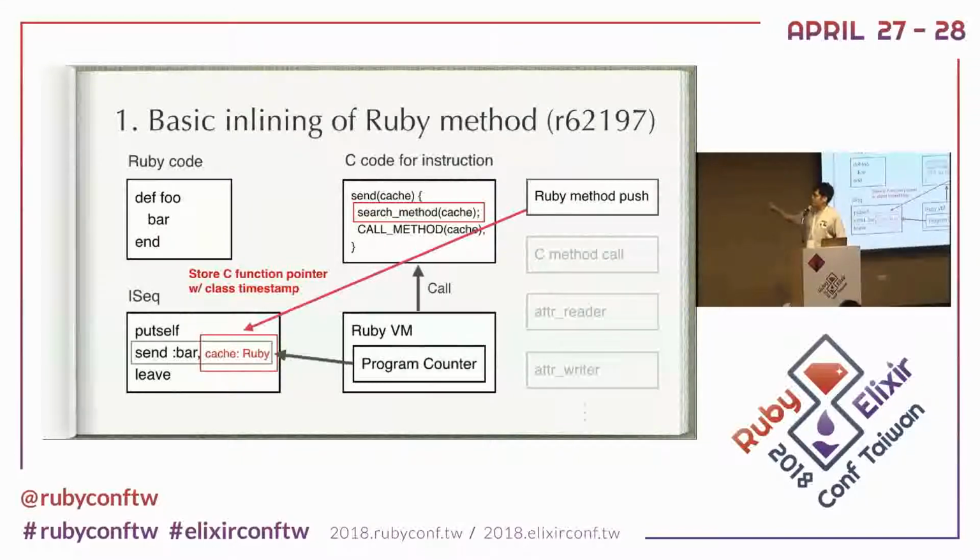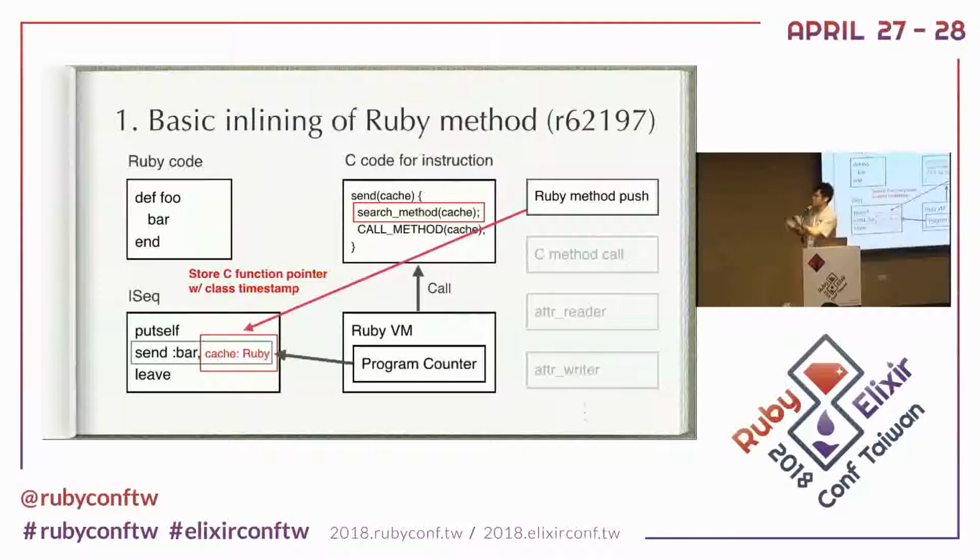For example, if bar is a Ruby method, the search method function caches the Ruby method implementation in the send instruction, and as it inlines the C function pointer of the Ruby method push into the cache, the JIT compiler can understand what type of method the send instruction will call.